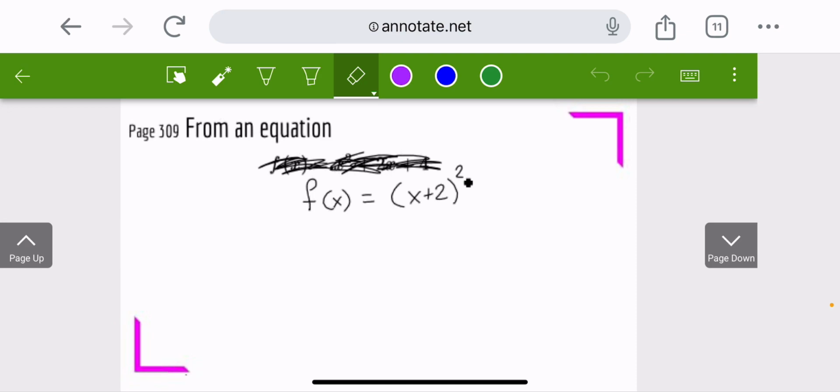So our very, very first thing needs to be to switch this back into its algebraic notation. So f of x becomes y, x plus 2 squared. So our first thing always switches our function notation back to its algebraic notation.